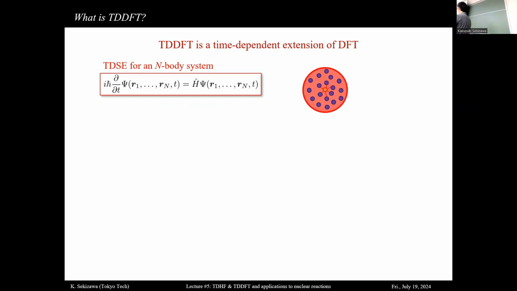Again, I will first explain the concept of TDDFT. In non-relativistic quantum mechanics, what we would like to do is to solve the TDSE, the time-dependent Schrödinger equation, for a many-body system. But in practice, it is impossible to solve.